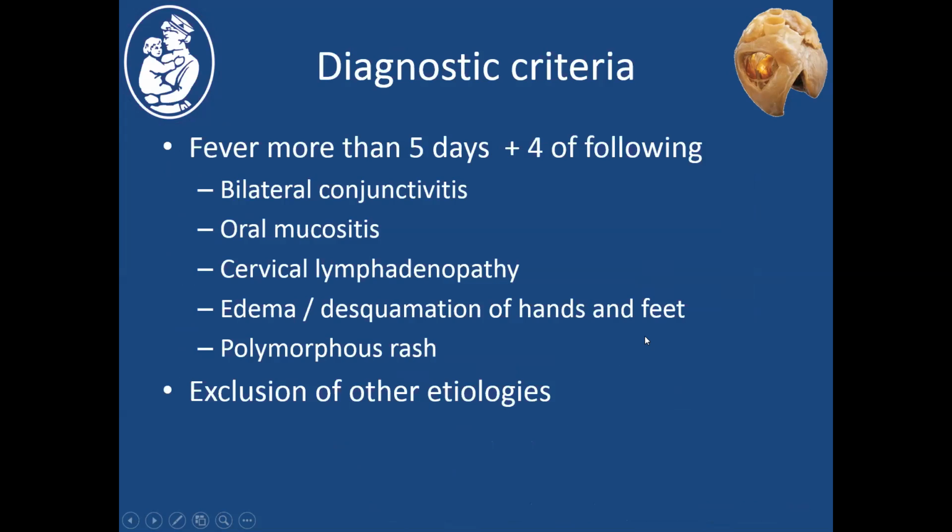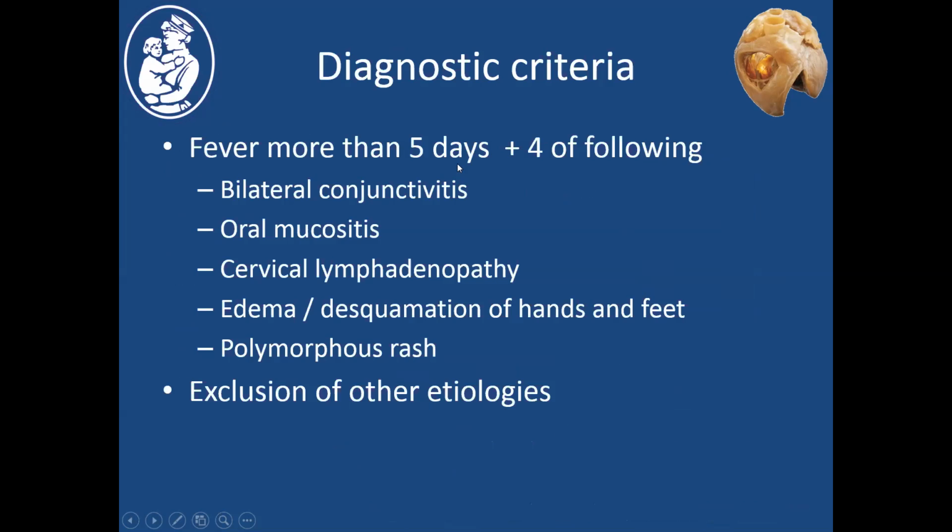The diagnostic criteria: there's no specific test, of course, for Kawasaki disease. We don't know what the etiology is exactly, but there are diagnostic criteria. It's sort of like the Jones criteria for rheumatic heart disease.